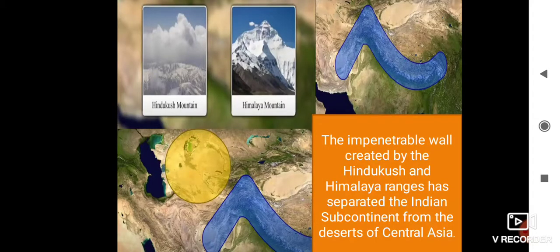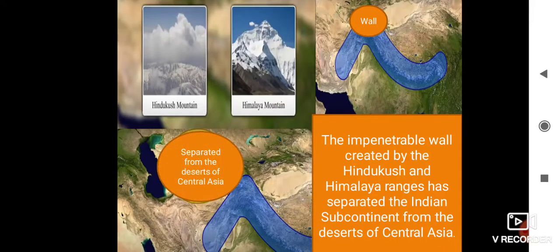On this slide, we have Hindu Kush and Himalayan mountains. The impenetrable wall created by the Hindu Kush and Himalayan ranges has separated the Indian subcontinent from the deserts of Central Asia. Impenetrable means impossible to enter or pass through.